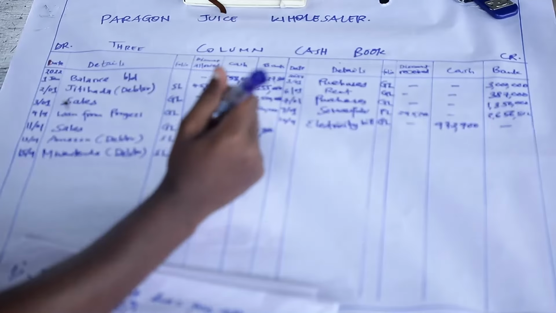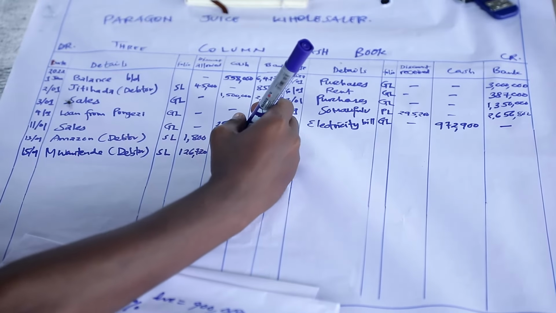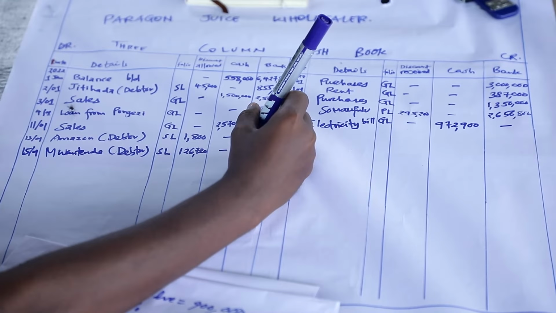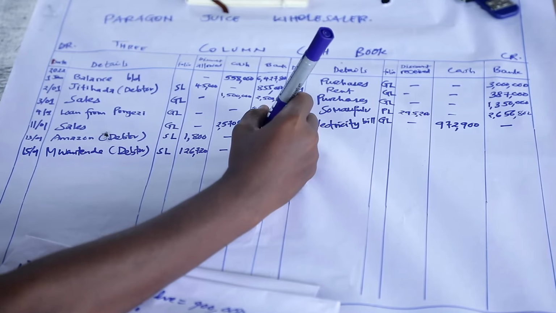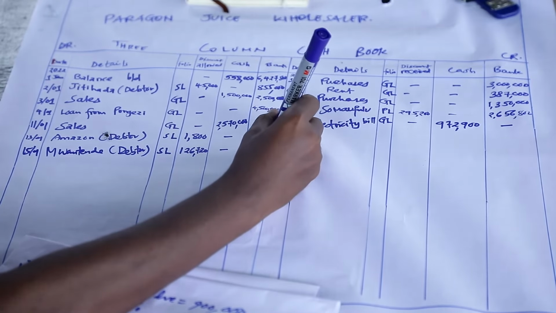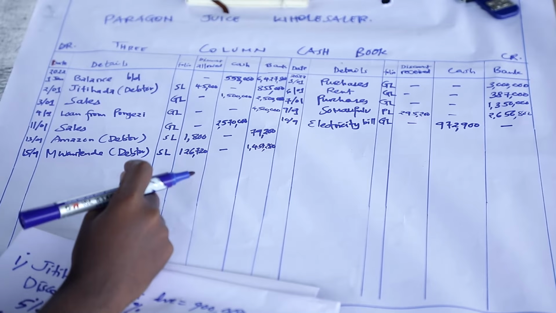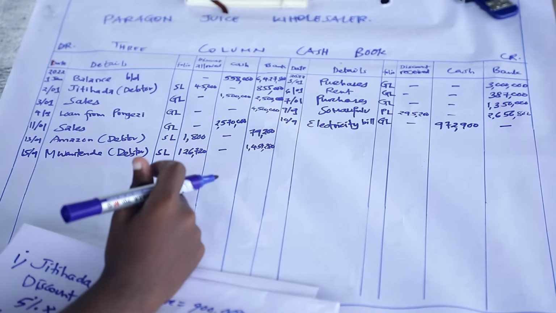So hapa sijaonyesha workings, maana tushajua concept ya kutafuta hizi discount amount. So the difference between the amounts would be 1,457,280. So hii workings utaifanya, utatafuta amount by using the concept ambayo tumetumia kwa Somafaulu. So the next date will be 18th January.